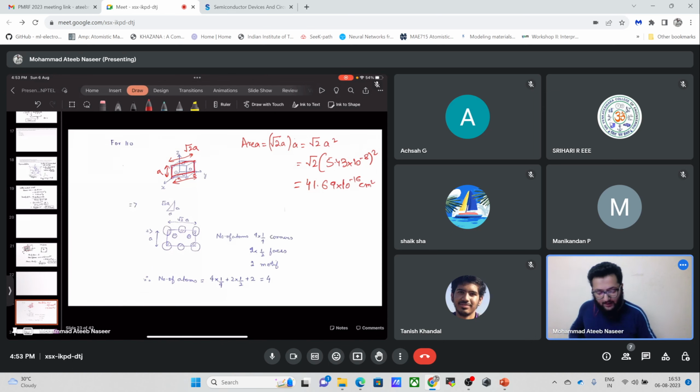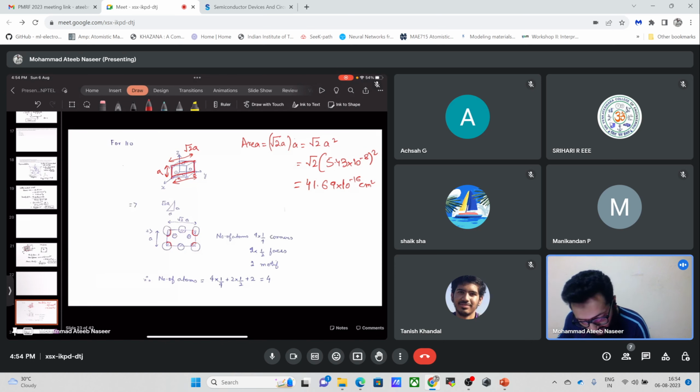Now if we see the number of atoms in this plane, it would be 4 at the corners: this atom, this atom, this atom, this atom, as you can clearly see over here. These 4 atoms would be shared with other cells, and as a result their contribution will be just 1.